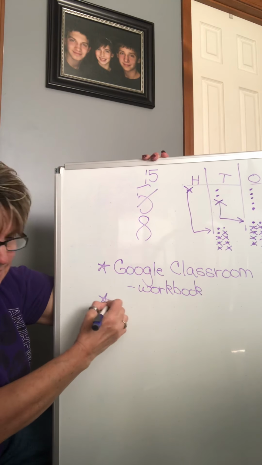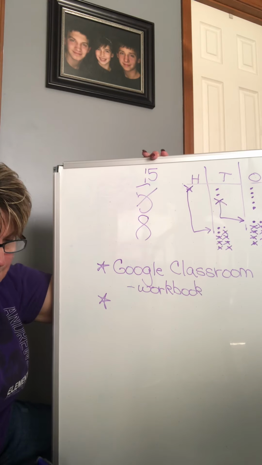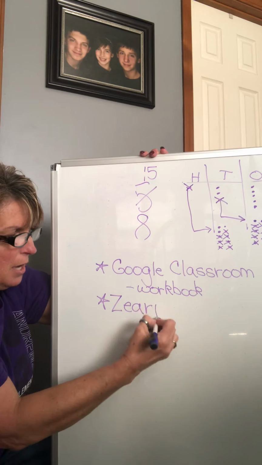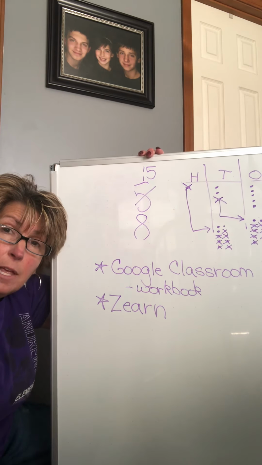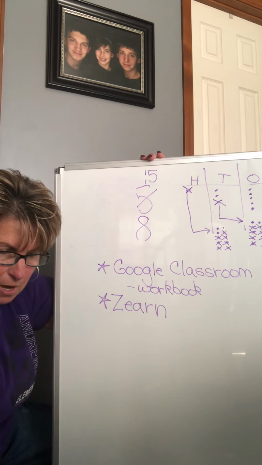Also, do not forget to get online. You have a Zern mission to do on Zern. So log into Zern. Class code is in the email. There is an email with the class code in it. Be sure to look that up. You're going to need the class code if you don't know it already.